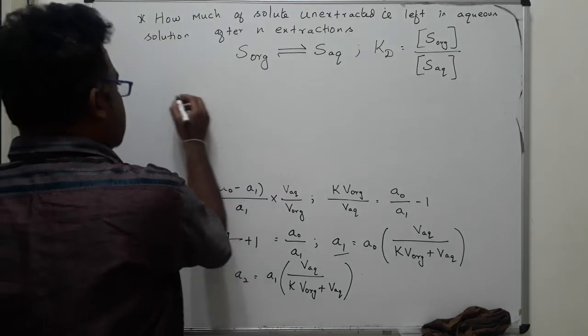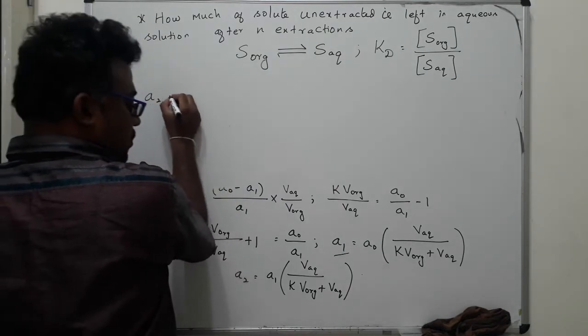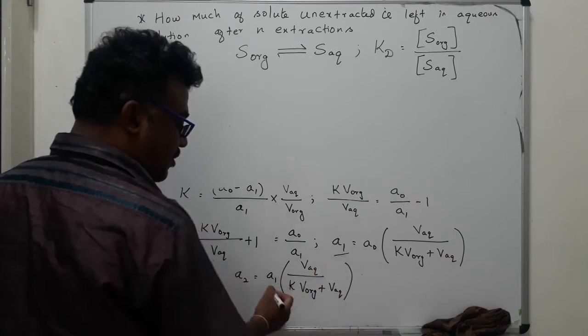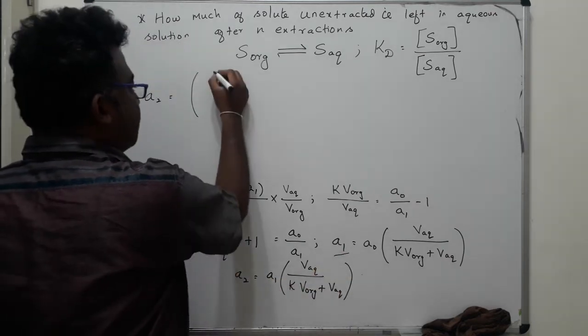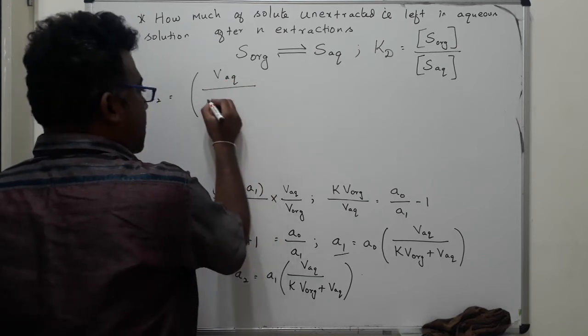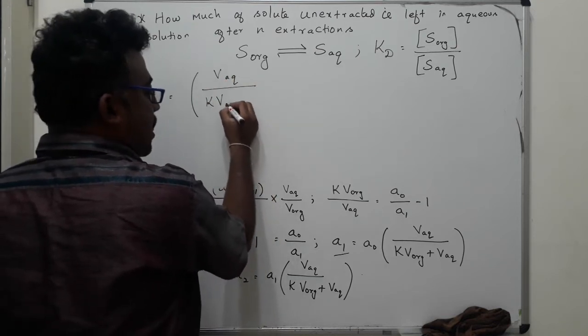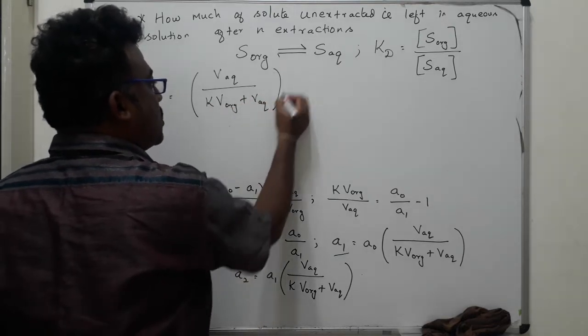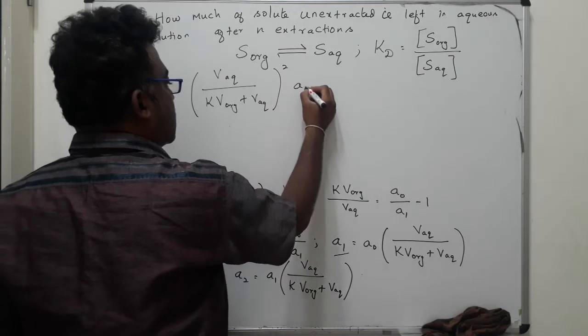That means A2 is equal to A1, which you substitute: V aqueous by K V organic plus V aqueous, whole square, into A0.